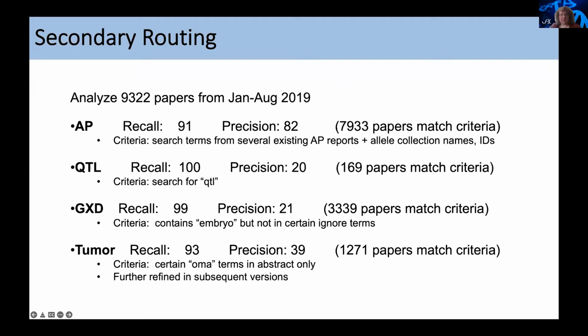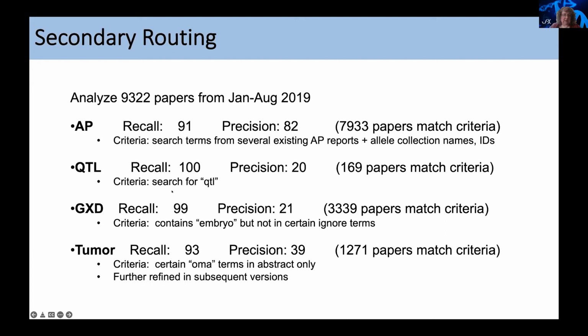Of those 9,000 papers, almost 8,000 matched the criteria that we specified in search terms that we derived from existing papers, and these terms were from existing AP reports, allele collection names, and some relevant ID prefixes.